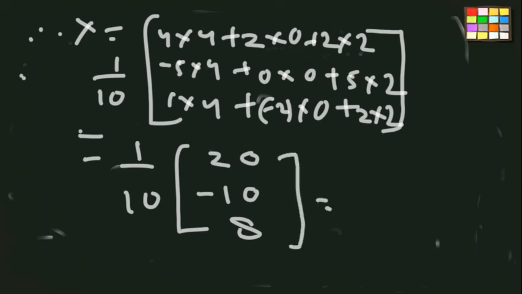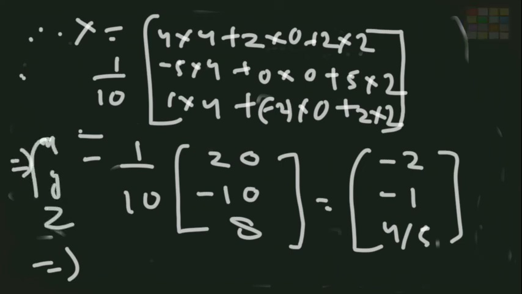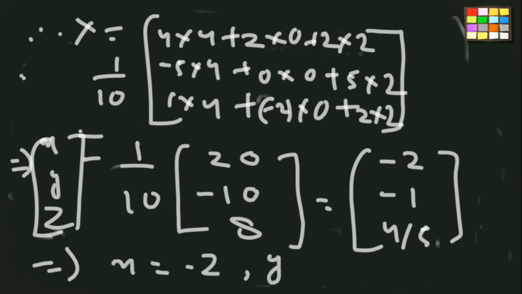So it is nothing but minus 2, minus 1 and 8 by 10 which is 4 by 5. Clear? Now if I compare, this matrix is x, y and z. If I compare, I will get x equals minus 2, y equals minus 1 and z equals 4 by 5.